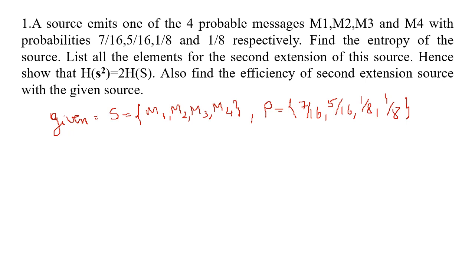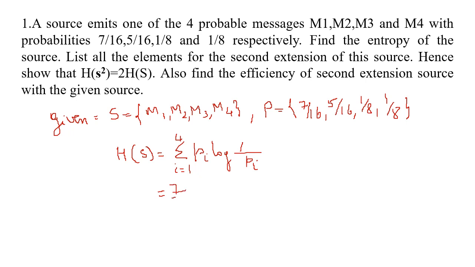What is the entropy of the source formula given as? We know that H(S) is nothing but summation i equal to 1 to q, where q is the number of symbols here, which is 4, of p_i into log 1/p_i. We'll substitute the values of the given probabilities.